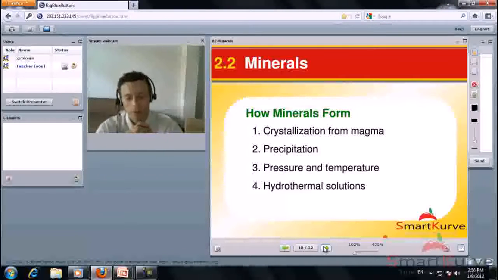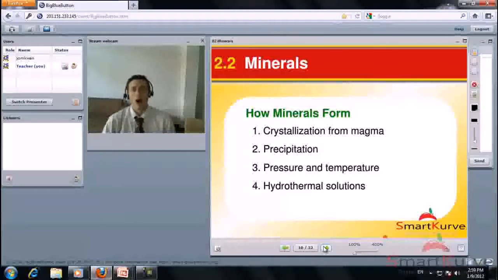How minerals form. Number one, the crystallization from magma. Remember, magma refers to liquid rock that's buried deep in the earth. Remember, closer to the center of the earth, the pressure and the temperature are very high, so that the rocks will actually melt and become a liquid.